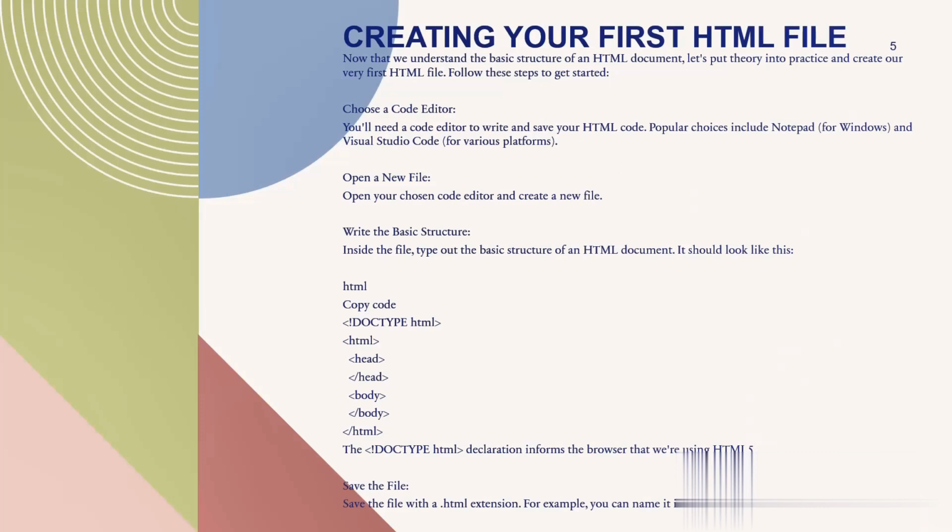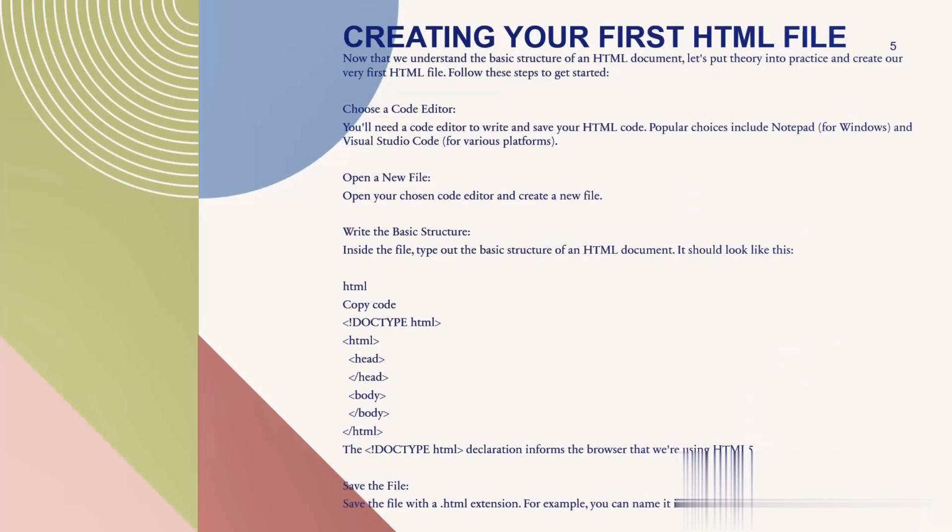Then you have to open a new file and choose the code editor to create that file. The first thing you have to do after you have created the file is write the basic structure. Inside the file, type out the basic structure of an HTML document.